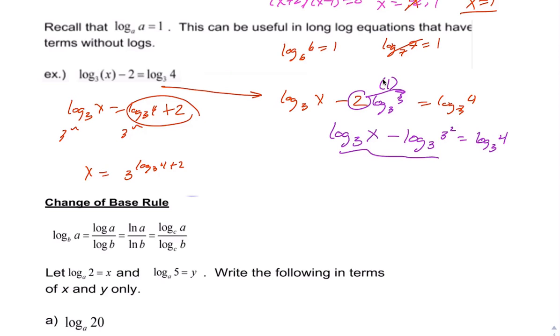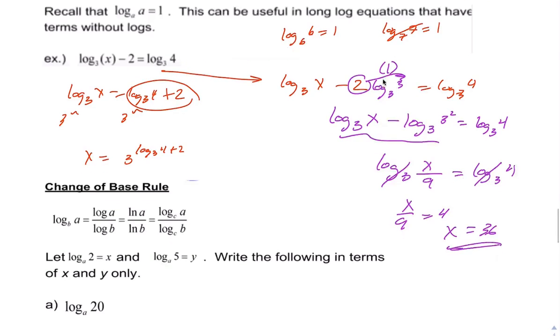Then I can combine, so log 3 of x over 9 equals log 3 of 4. The logs cancel out because they're both the same. X over 9 equals 4, x equals 36. So there we go.